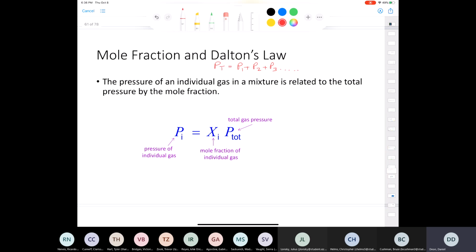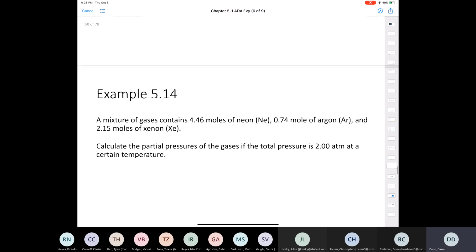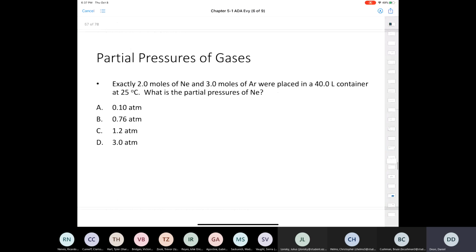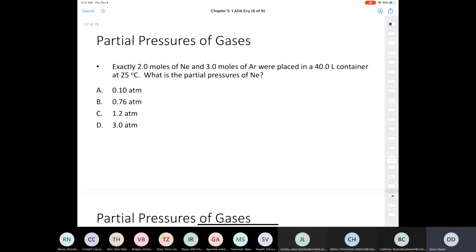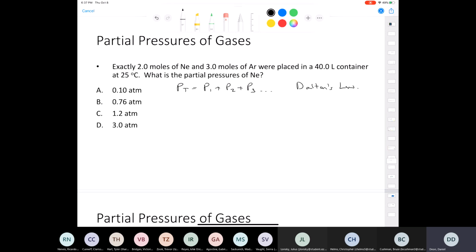Let's go back to that problem now. My slides are in a little bit of a funny order. Here we go. Okay, what were those formulas? Let's jot them down. We said that P total is equal to P1 plus P2 plus P3. That's Dalton's law of partial pressures.